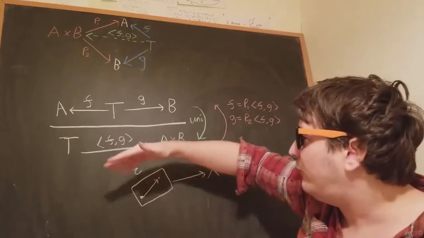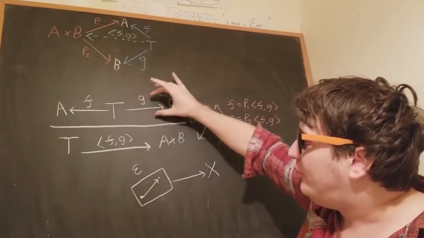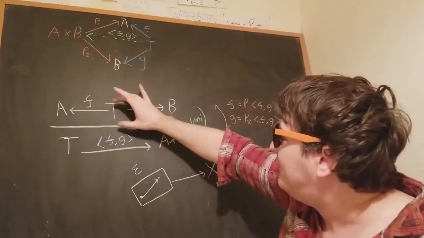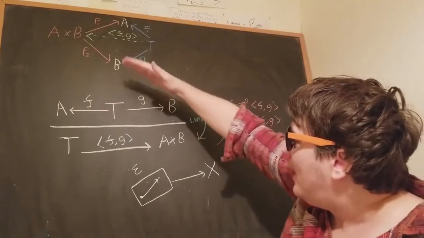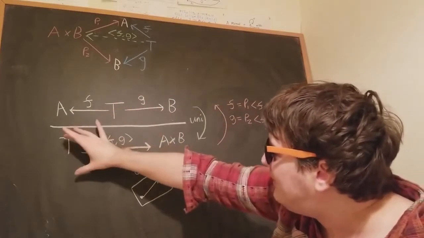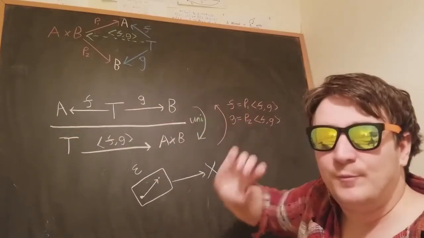And then there's this correspondence between this case here, where you have a T-type element in A and a T-type element in B, and this case here, which is the corresponding case where you have a T-type element in A times B.